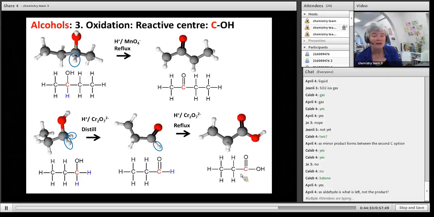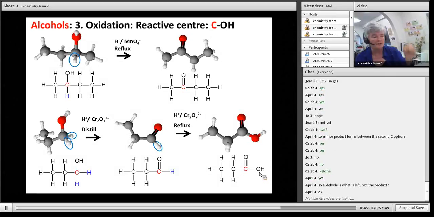Now if I wanted to collect the aldehyde as a product, I would just do this step and I wouldn't do this final step. If I wanted to get simply to the carboxylic acid straight away, I don't do this middle step. I just take my alcohol, reflux it with dichromate or reflux it with permanganate, and I get my carboxylic acid. The aldehyde just gets reacted straight away.